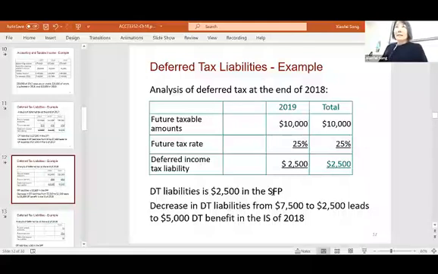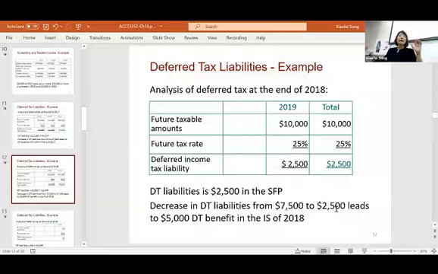But there is a balance in that account as a result of the adjustment we made in 2017, right? The balance before we make any adjustment is 7,500. So in order to get a balance of 2,500, we need to debit this account. We need to decrease deferred tax liability from 7,500 to 2,500.